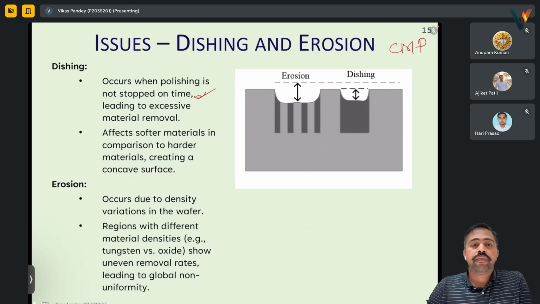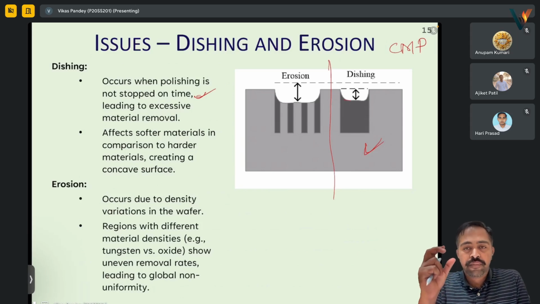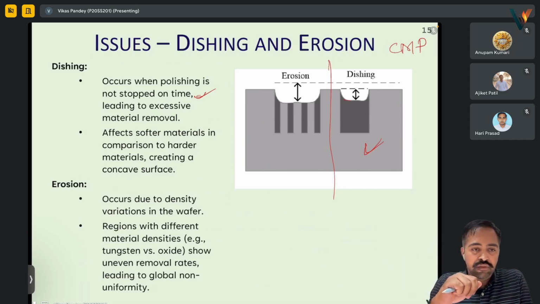This is more relevant when we are talking about softer materials, and that will create a concave structure, like this structure. So a lot of local dishing mostly happens in a local area, where a concave structure has formed.